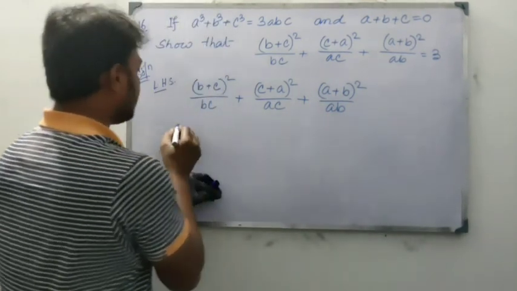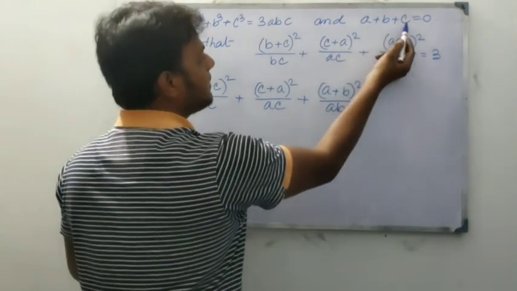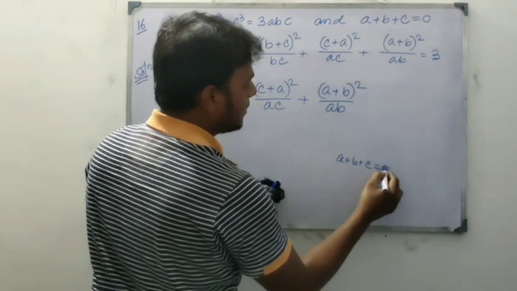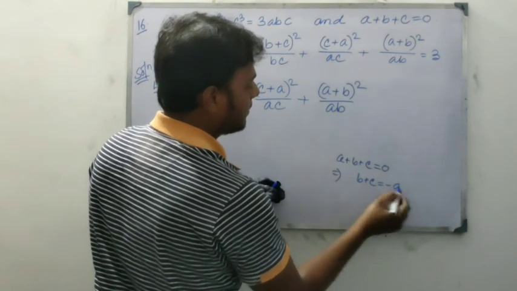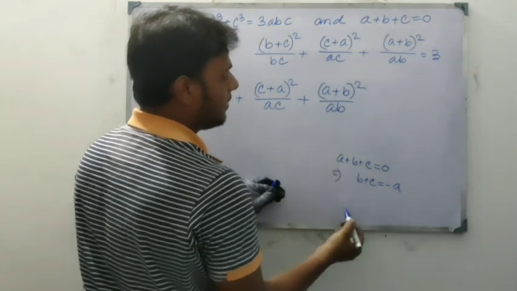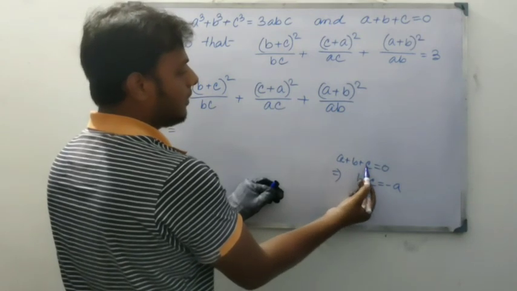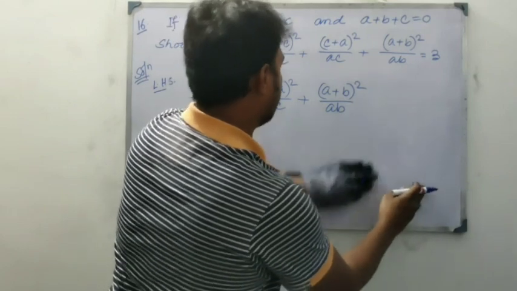Since a plus b plus c equals 0, b plus c will be minus a. Similarly, c plus a will be minus b, and a plus b will be minus c. We will use this concept.